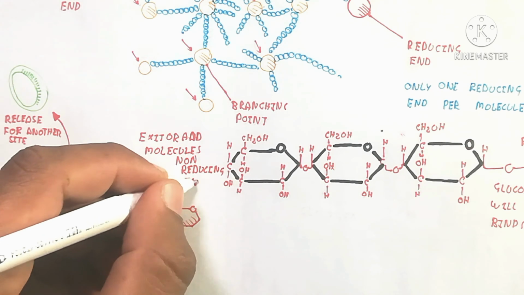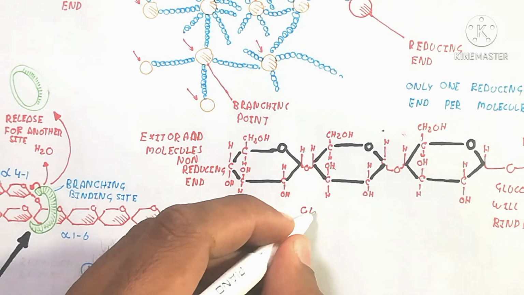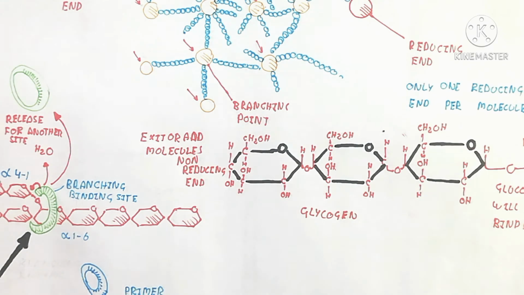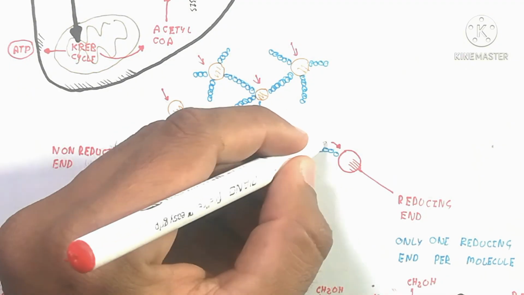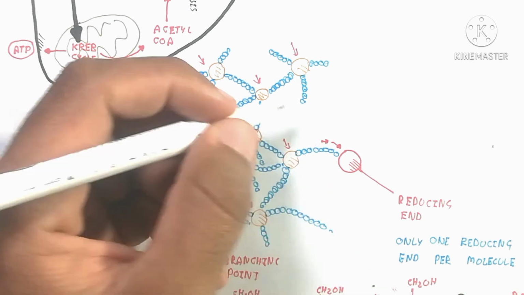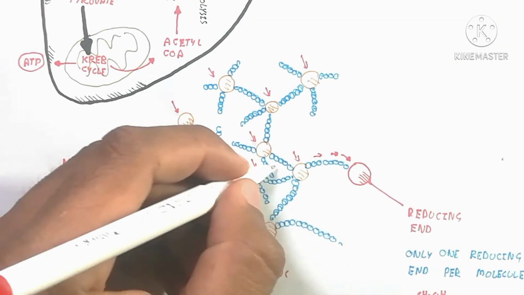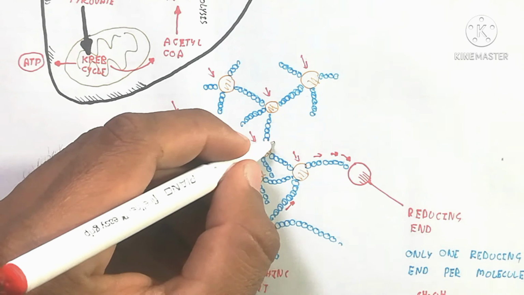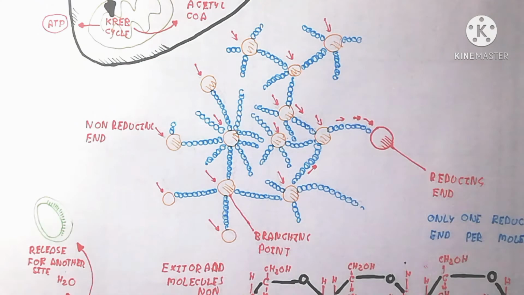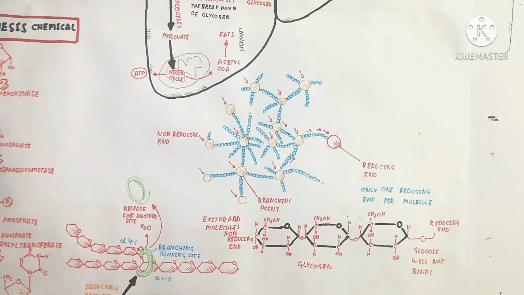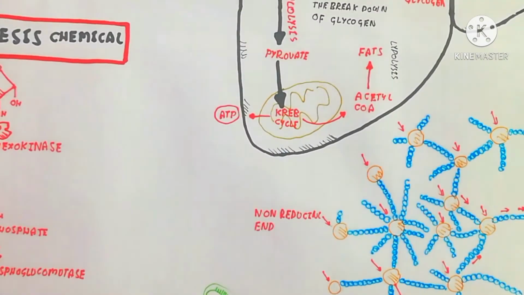On the other hand, glucose will not bind at the reducing end because oxygen is bound. So only one reducing end per molecule will be formed. It shows a red color in iodine solution, and that is glycogen. So this is the glycogen formation.